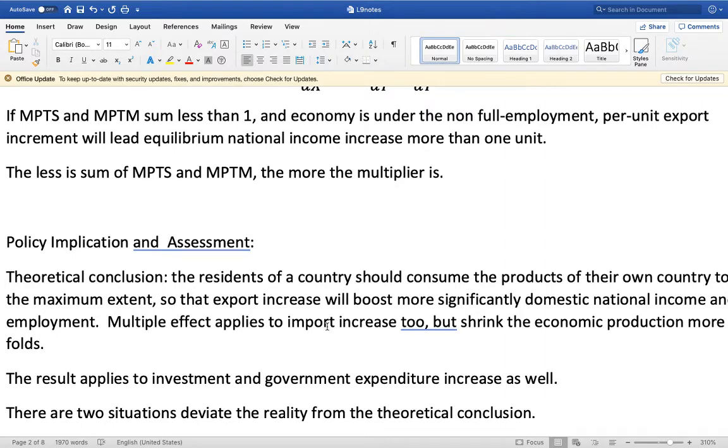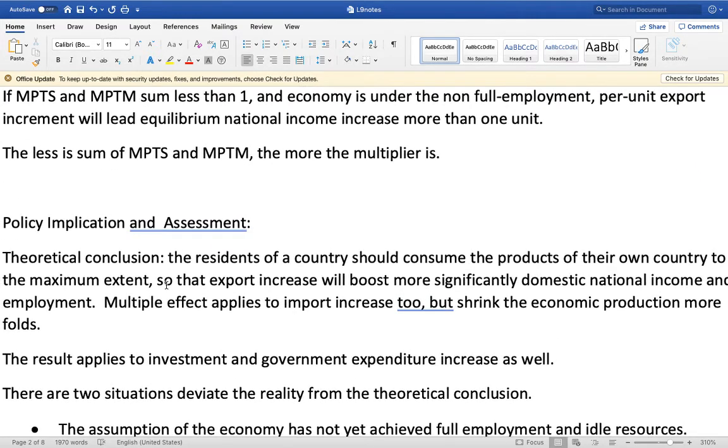So you more or less understand this. The implication of this multiplier is that not only is the theoretical conclusion that the residents of a country should consume the products of their own country to the maximum extent, so that the export increase will boost domestic national income and employment more significantly.